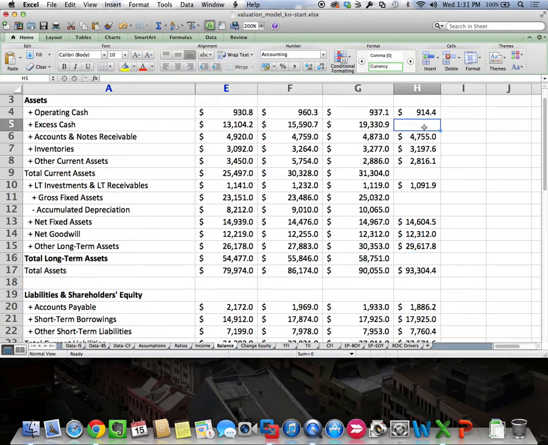Excess cash equals total assets minus everything else. So total assets minus operating cash, minus accounts receivable, minus inventory, minus other current assets, minus long-term investments, minus net fixed assets, minus goodwill, minus other long-term assets. 23,995.1.